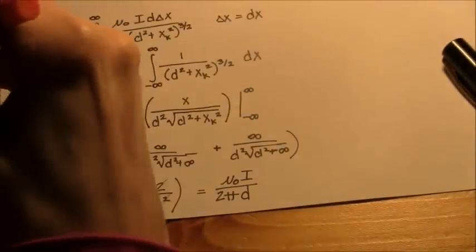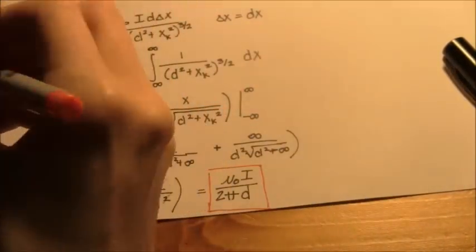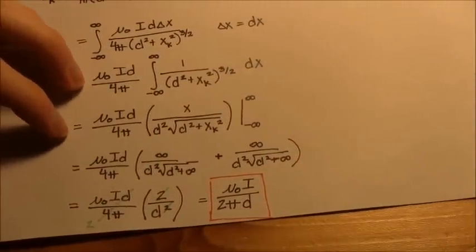And that is the magnitude of the magnetic field caused by a long straight wire.